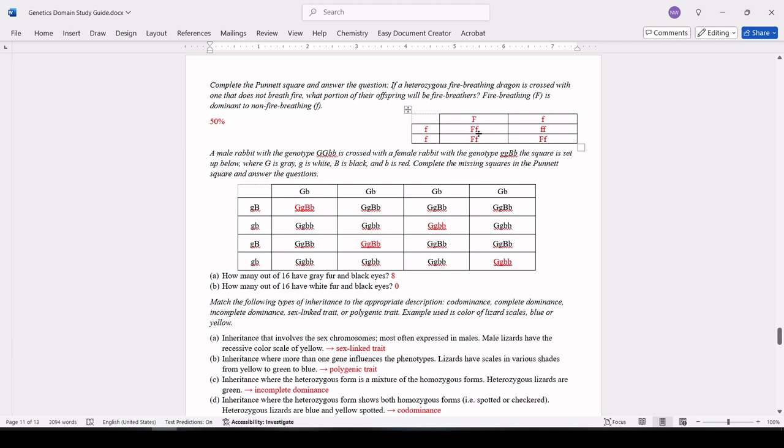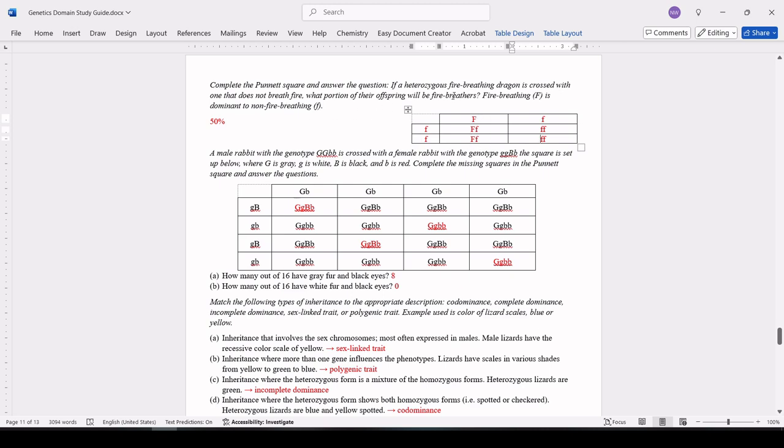And then you just match the column and the row. So a big F, little f here, big F, little f. This is 2 little f's, and this should be a little f there also. Again, the big letter comes first, you just match the row and the column.